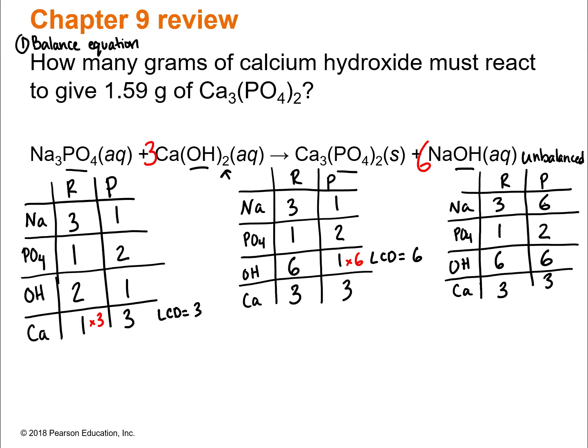So the sodium and the phosphate are the 2 things that are still unbalanced, and they're in the same compound on the reactant side. So whether you multiply the phosphate by 2 or the sodium by 2, you'll get the same answer. And we do our final check.